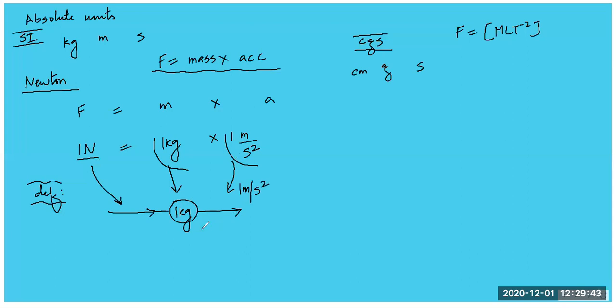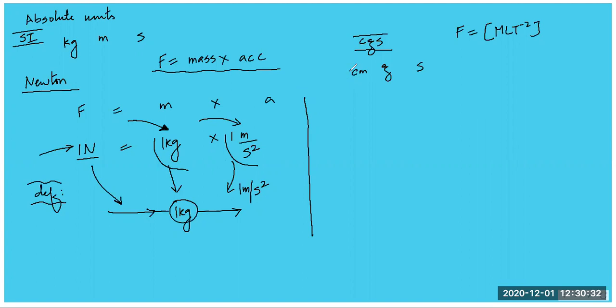In other words, if the acceleration caused in a body of mass 1 kg by the application of some force is 1 meter per second square, that force is said to be 1 Newton. 1 Newton force causes an acceleration of 1 meter per second square when applied on a mass of 1 kg. So that's all about the SI system of force.